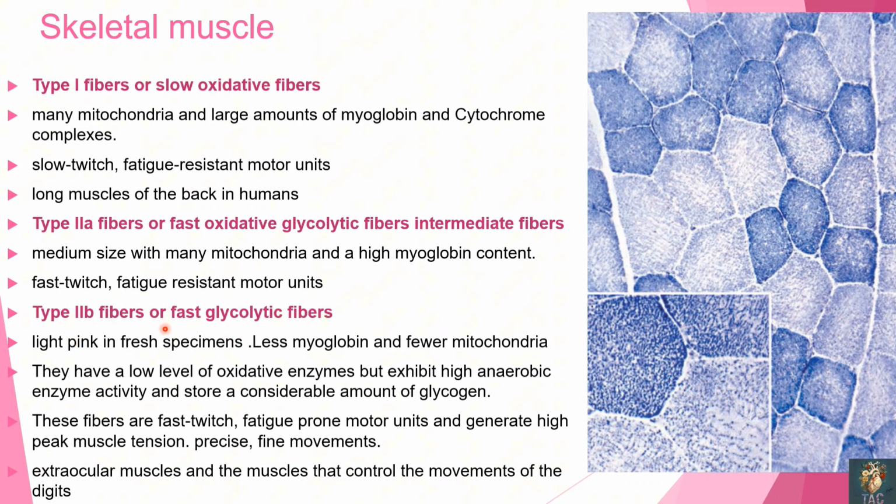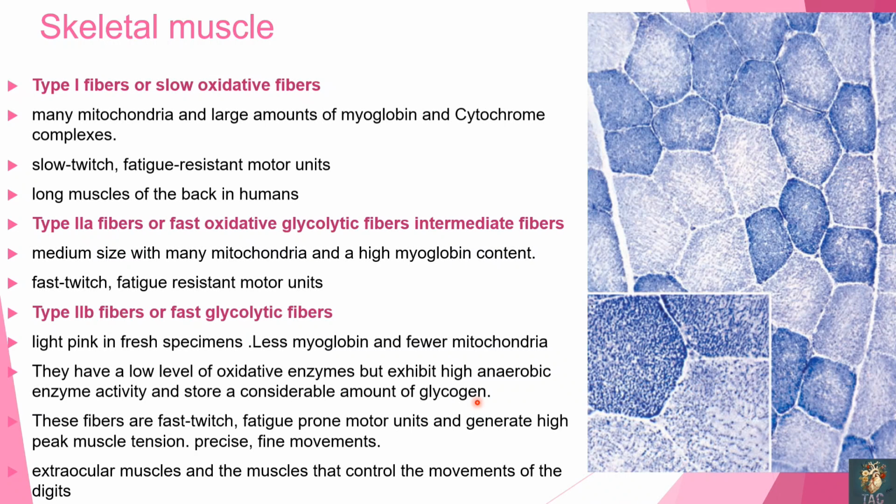Then the third type of fibers are the type 2B fibers. These are the fast glycolytic fibers. They are light pink in fresh specimen. They have less myoglobin and fewer mitochondria. They have a low level of oxidative enzymes but exhibit high anaerobic enzyme activity and store a considerable amount of glycogen.